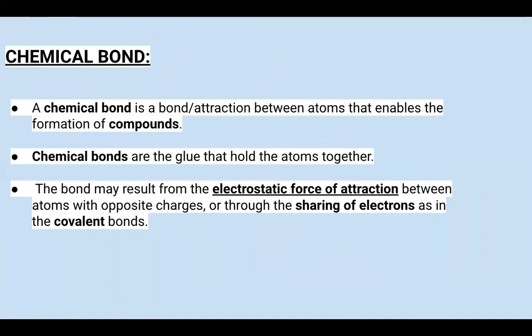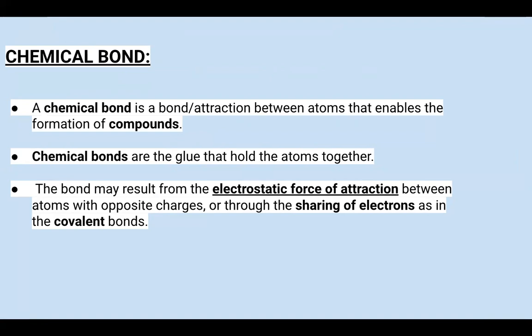So we will start with what is a chemical bond. How do you define a chemical bond? What is the meaning of chemical bond? So let's start here. A chemical bond is a bond or attraction between atoms that enables the formation of compounds. So when two atoms combine to form a compound, the connection between the two atoms is called a chemical bond.